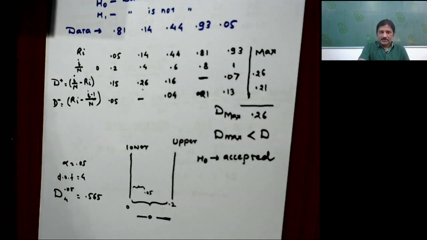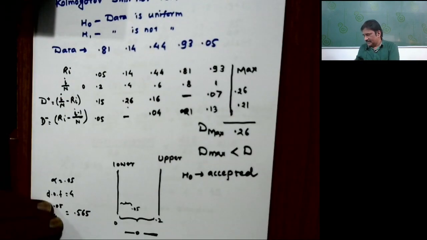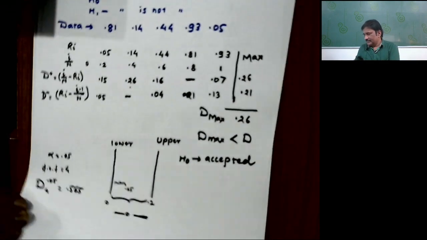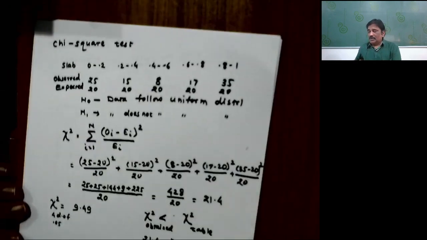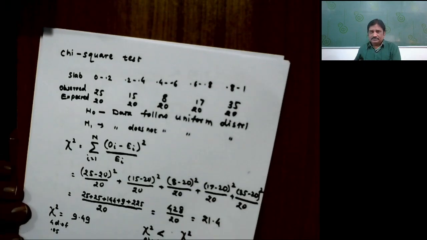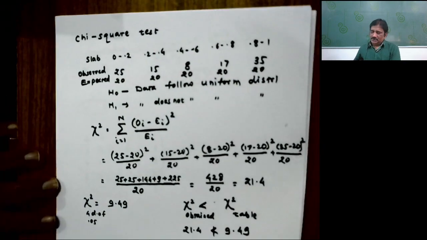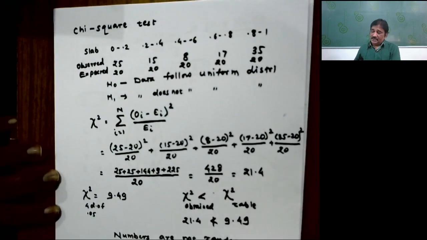Then coming on to the chi-square test, it's again an easy one. Now I have a lot of data, say 100 data points.